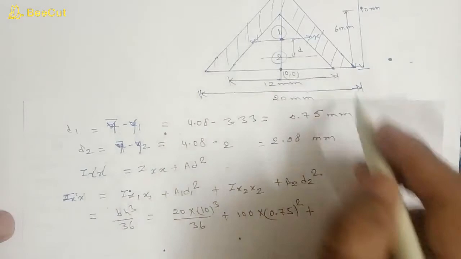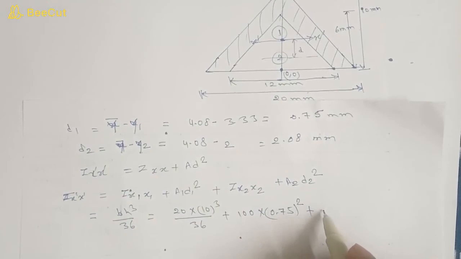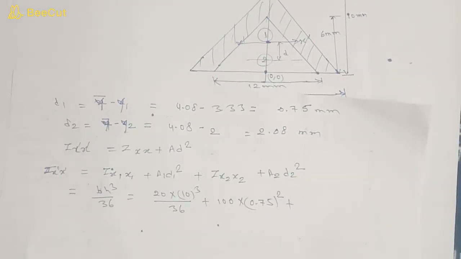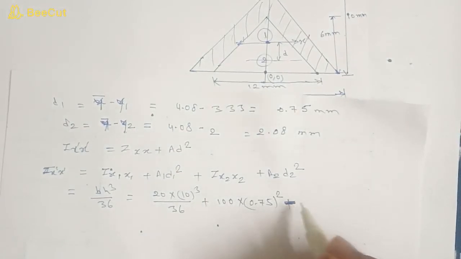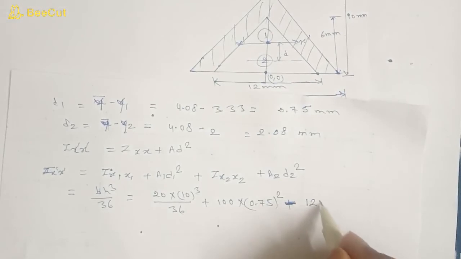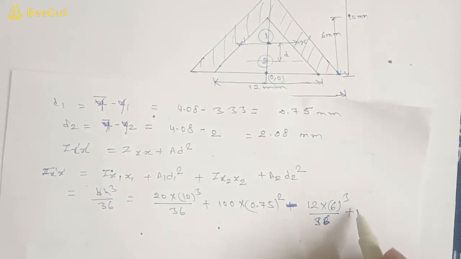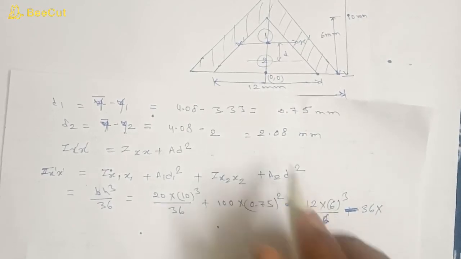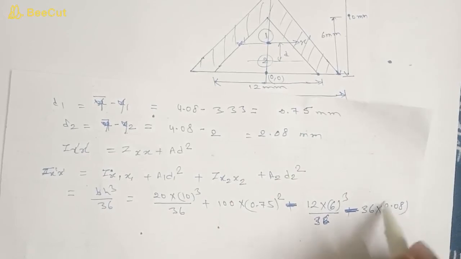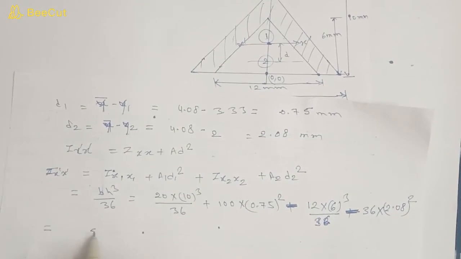Plus for this smaller triangle, Ix2x2: this shape is taken out, so the moment of inertia will be negative. So it will be minus 12 into 6 to the power cube divided by 36, plus the area, which is also negative, minus 36, into d, 2.08 square.